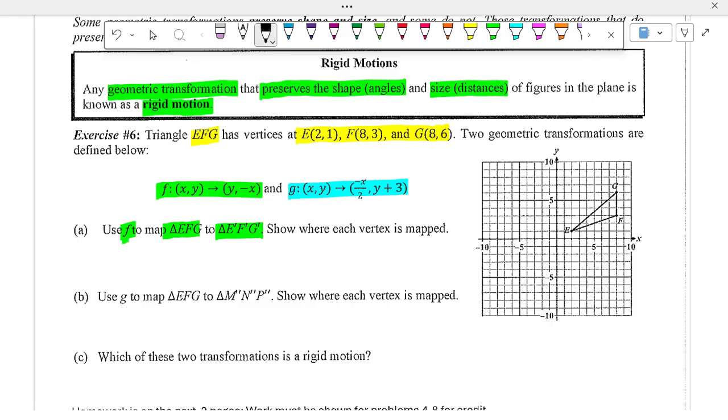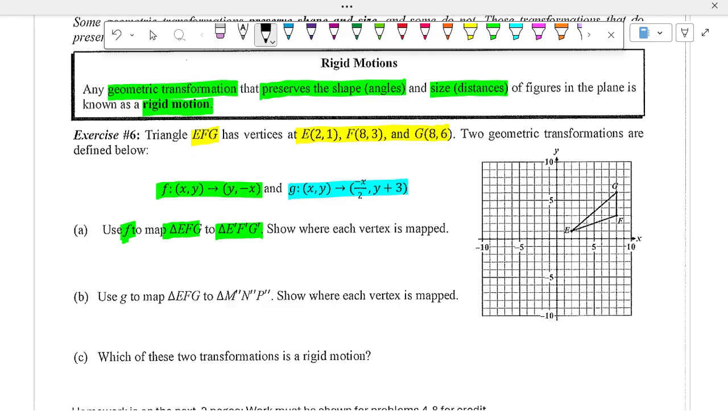So what does that mean? That means I'm going to take these points, plug it into the green function. Now, look at function F, so the green function. What's true about what it's turning into? What has to happen? So we talked about this yesterday. What would be the steps? You flip X and Y, and then you do what?